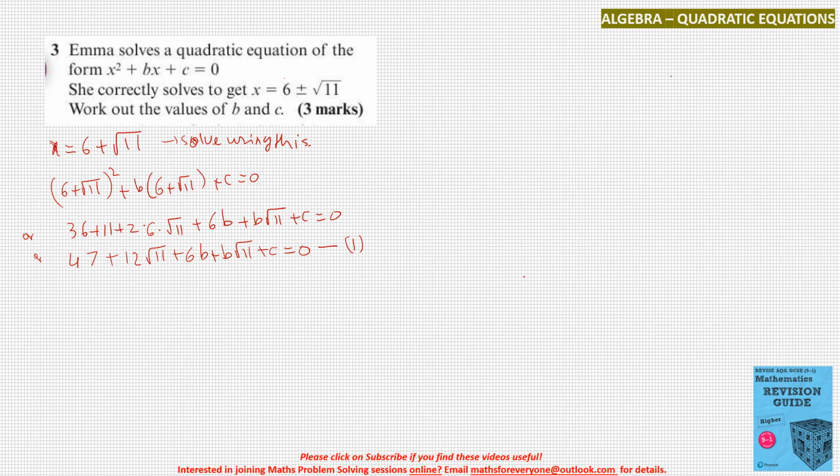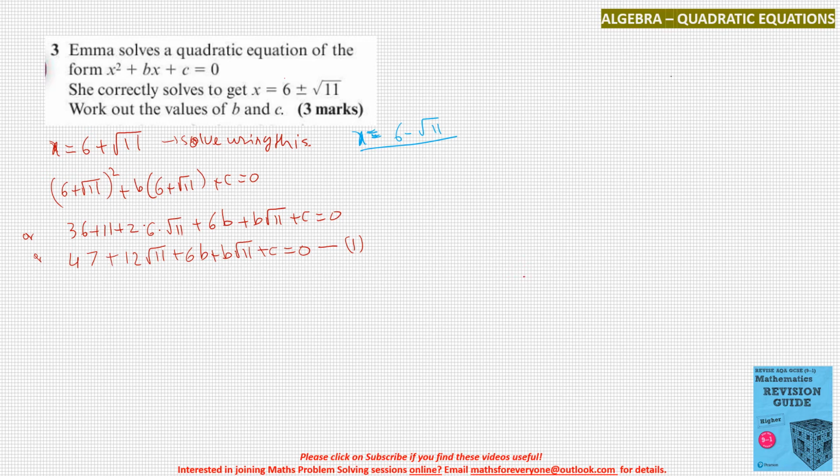Right, now I'm going to use x equals 6 minus root 11. So use that value.